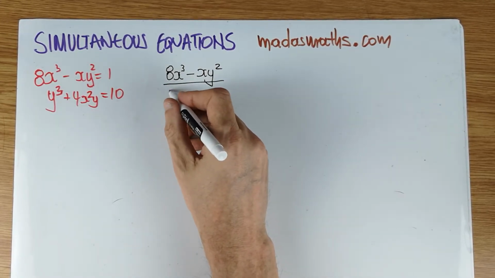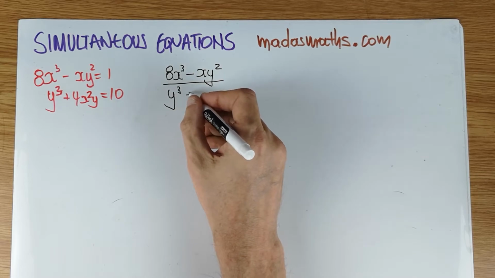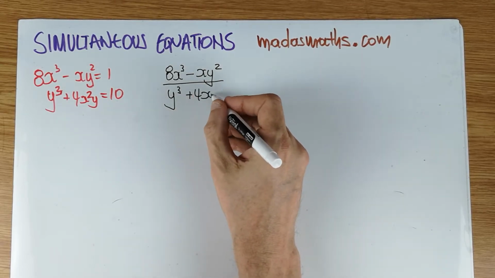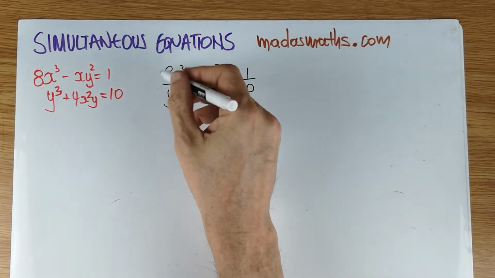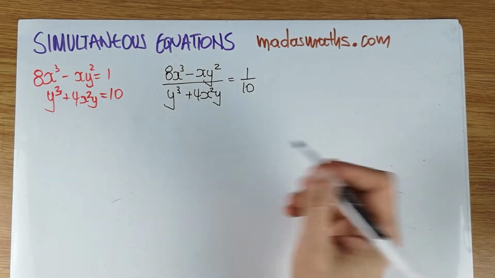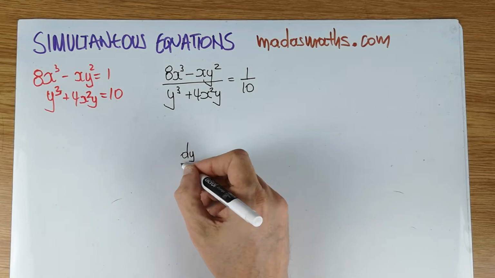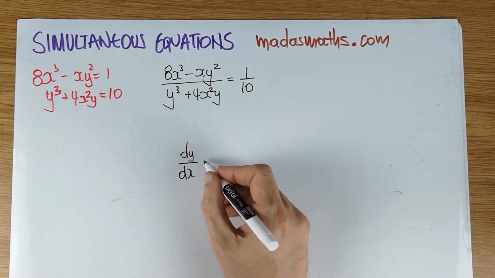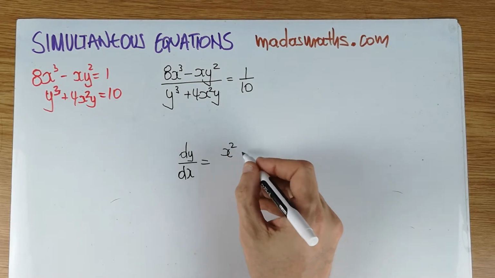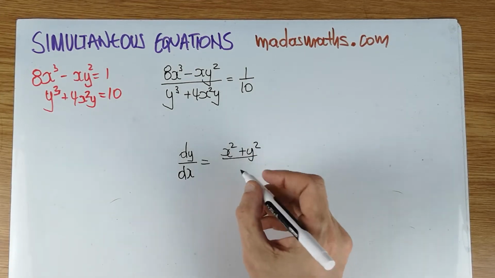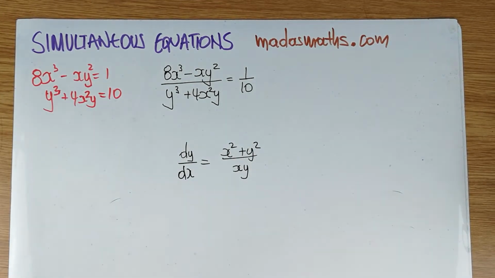Side by side. So we get something like this. And this is the kind of thing, I'm going away a little bit. I'm trying to teach a few other things and make connections. Suppose we had dy by dx is equal to x squared plus y squared, the whole thing over xy.